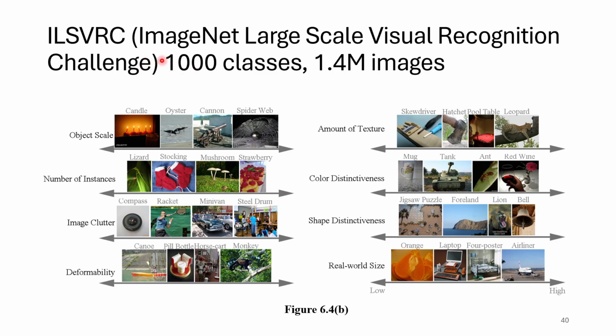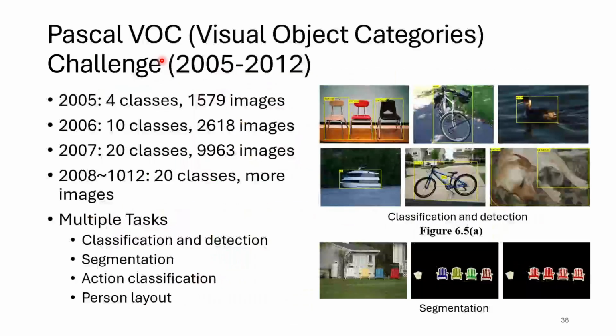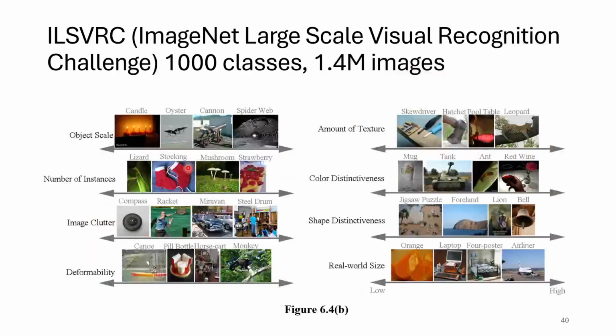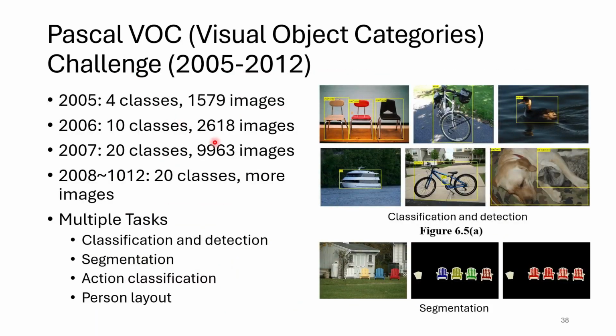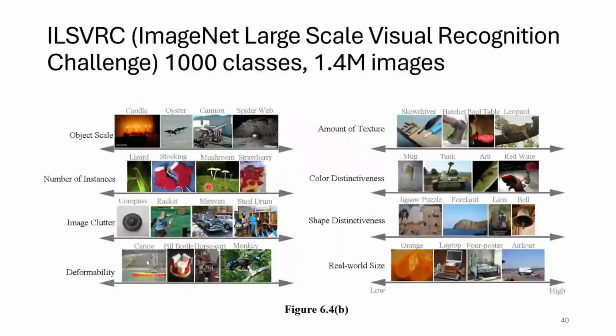There are 1,000 classes in ImageNet, but only 20 classes in the Pascal VOC. So ImageNet is quite varied, and there are 1 million images just for the recognition challenge. For Pascal, the image count is maybe 20K or 30K, relatively small.